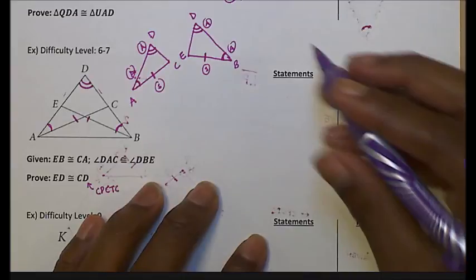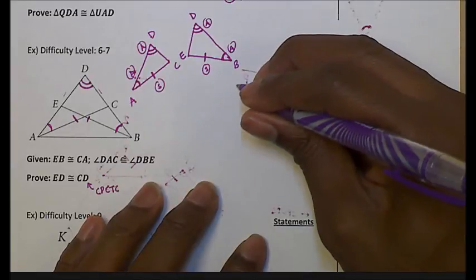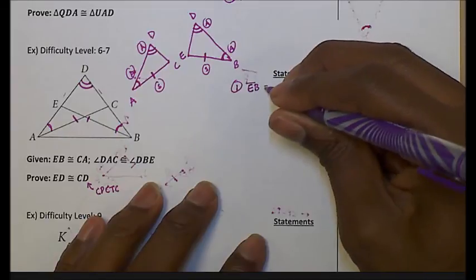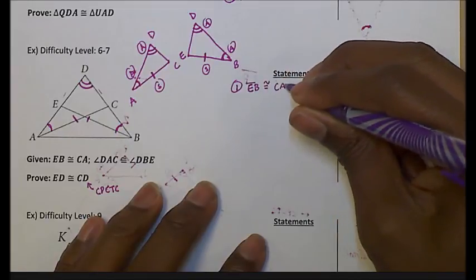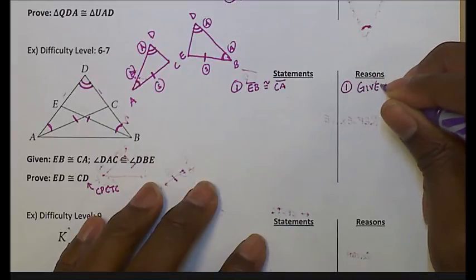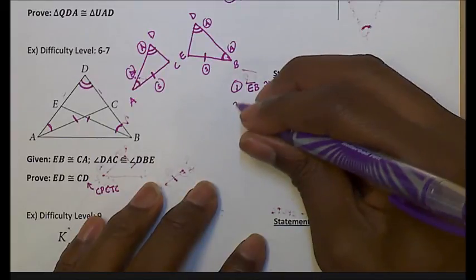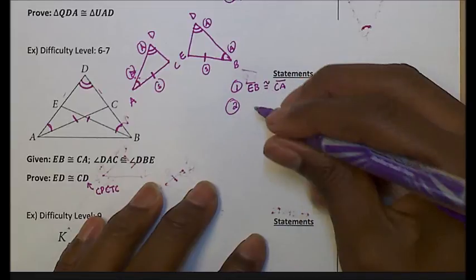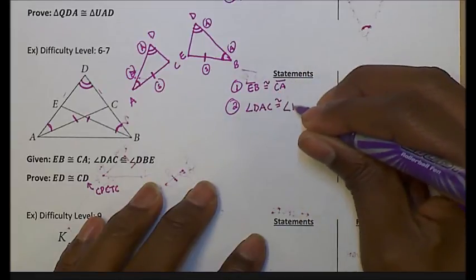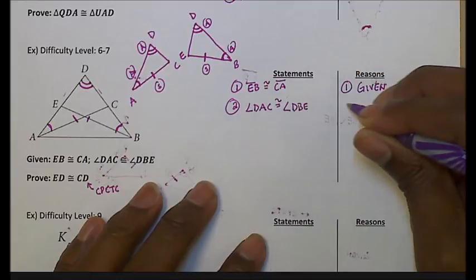Let me start with my givens. EB is congruent to CA. I know that because it was given to me. Number 2, I have that angle DAC is congruent to angle DBE. That also was given to me.